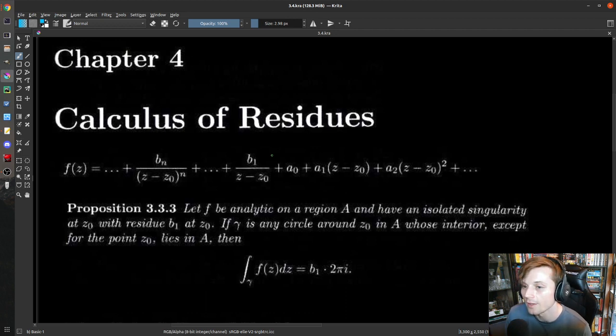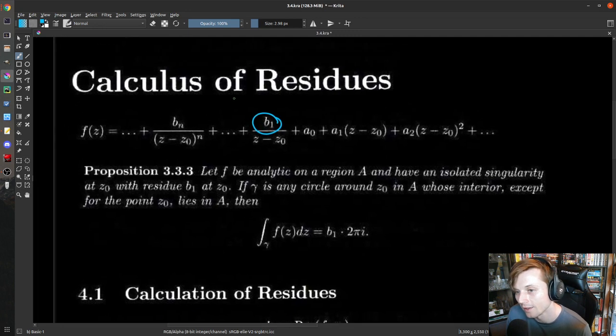Fair enough. The coefficient, if you recall, of the first term with a negative exponent, so that is this piece right here, is b1 (z minus z naught) to the minus 1. We can write everything out like this if we feel like it: bn (z minus z naught) to the minus n, and so on.